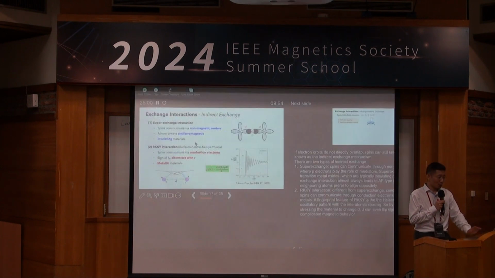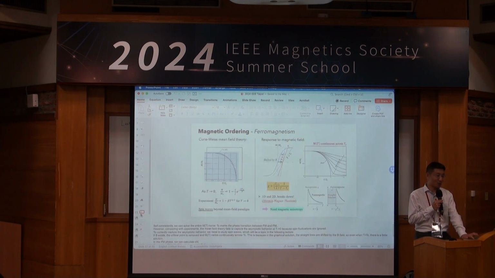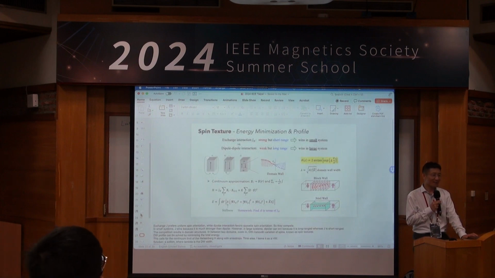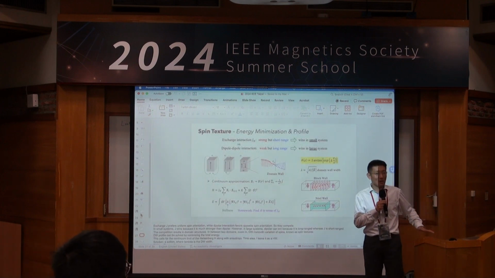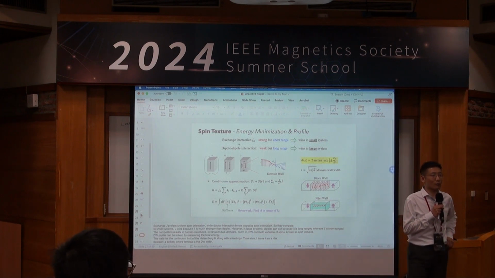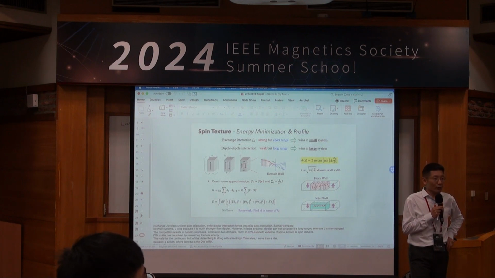Yeah, that's a good question. To answer your question, let me directly jump to the last part of today's presentation, which is magnetic domain walls. The exchange interaction is much stronger, but at the same time it's short range. The dipole interaction is much weaker, of course, but it's also long range.